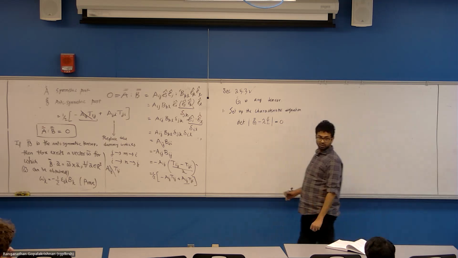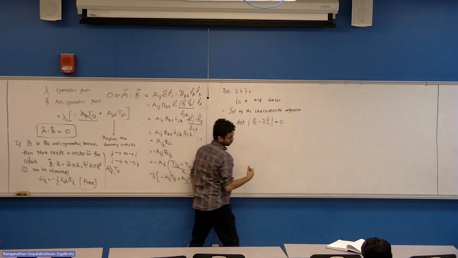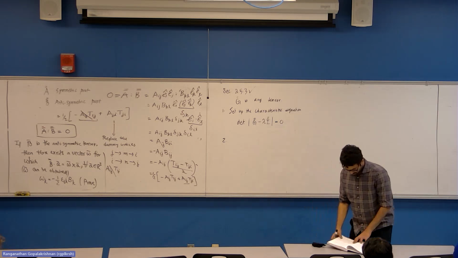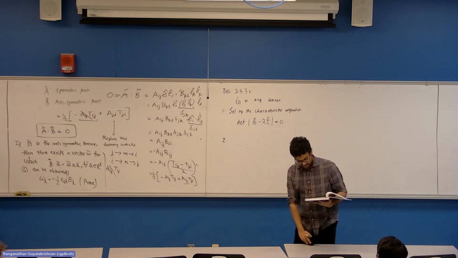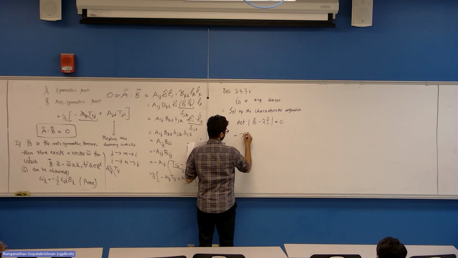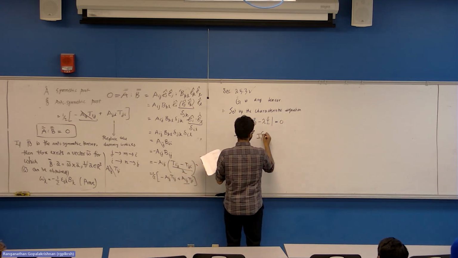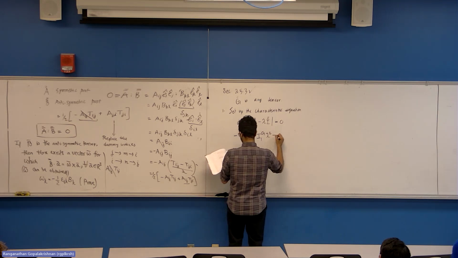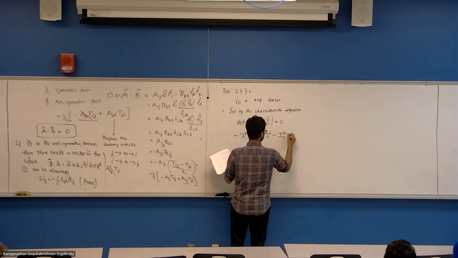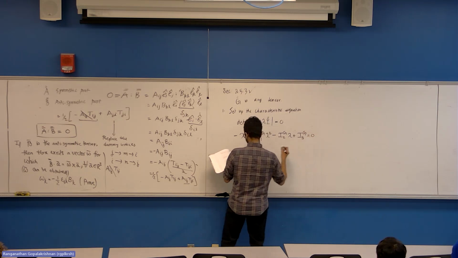Okay. Step 2. To set up the equation, you can make use of what are called the principal invariants. This is minus lambda cubed plus I1g lambda squared minus I2g lambda plus I3g equal to 0.